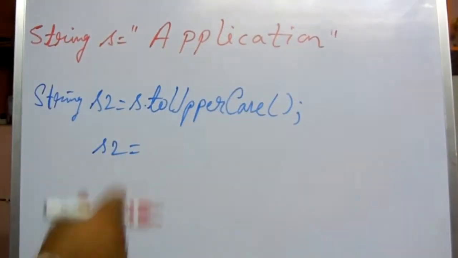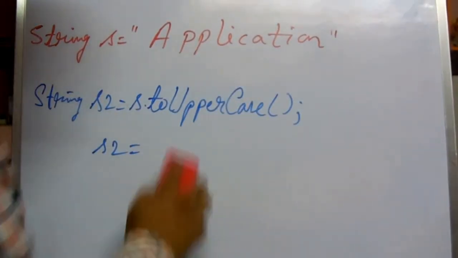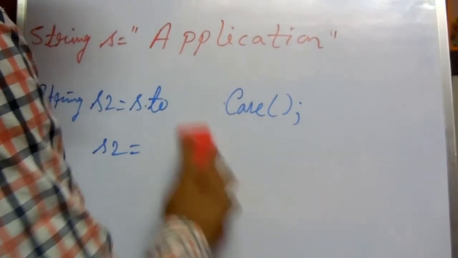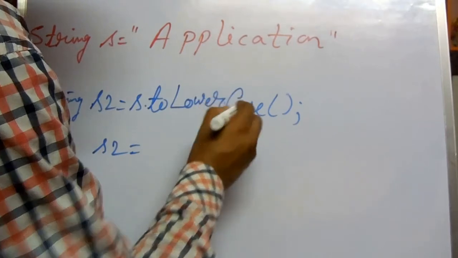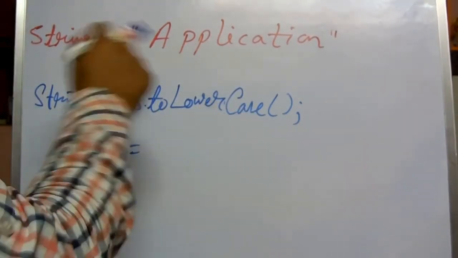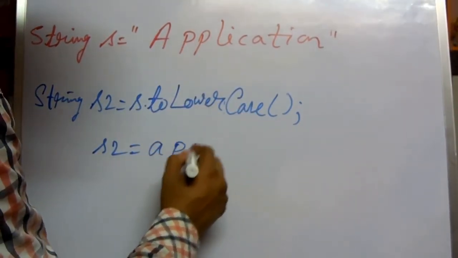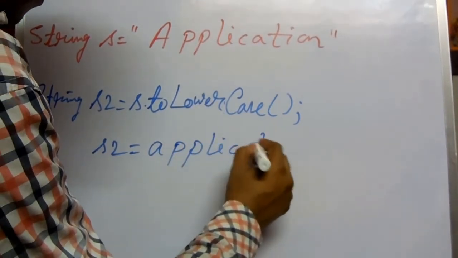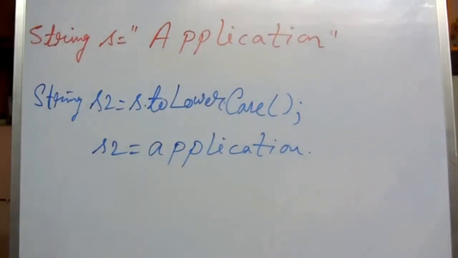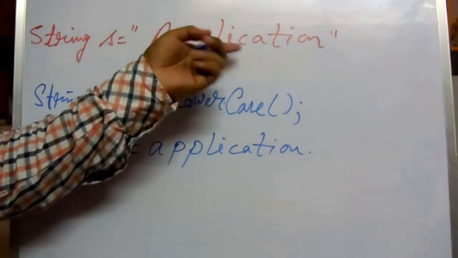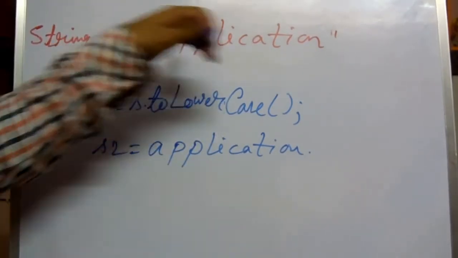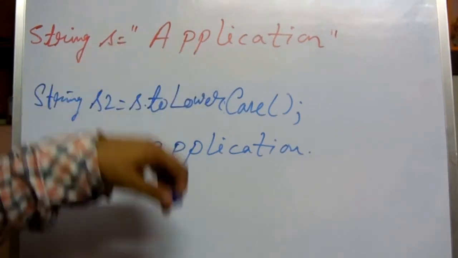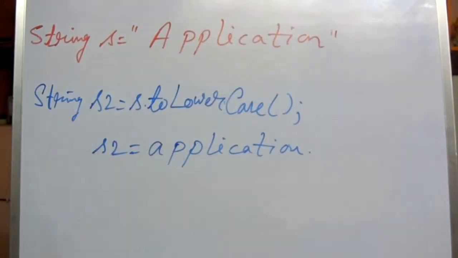Using toLowerCase, it will return all in small letters. The same thing will happen if there is a capital letter in the middle or anywhere, it will not skip, it will convert all to small. So only the capital A is converted into small, the rest are already small, so they remain as they are.